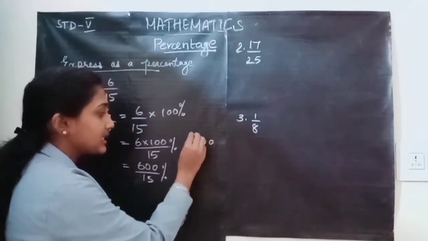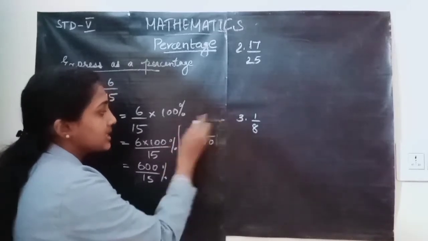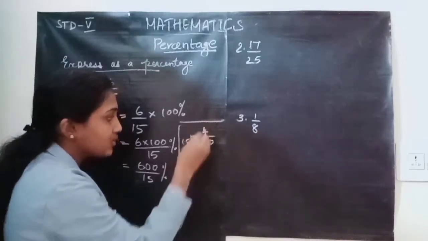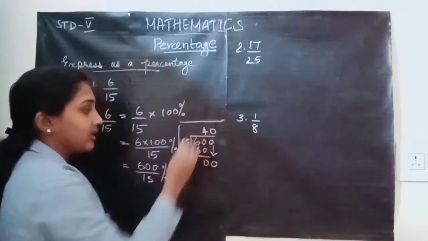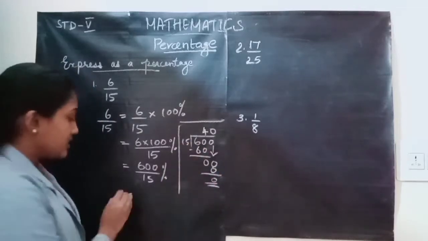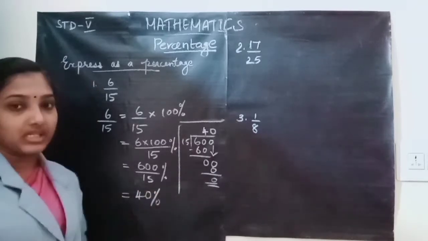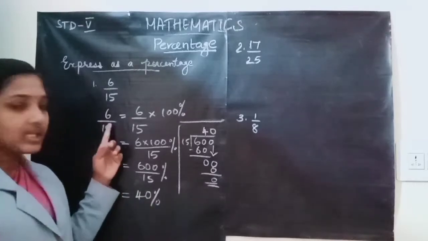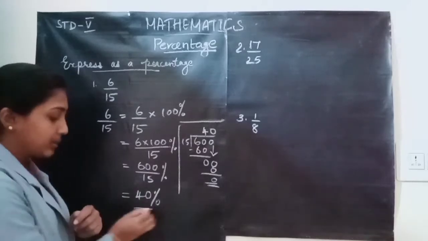Just doing the division here, 600 by 15. 15 into 4 gives 60, and then it's 40. So here it is 40 percentage. So we have expressed the fraction 6 by 15 as a percentage, and it is 40 percentage.